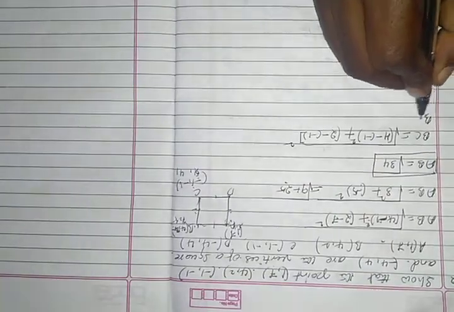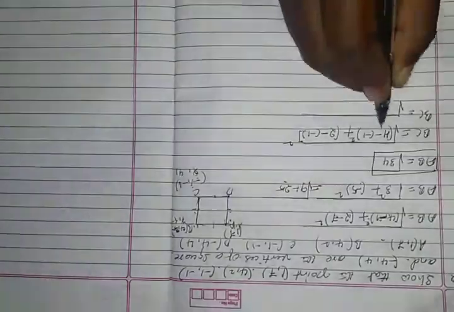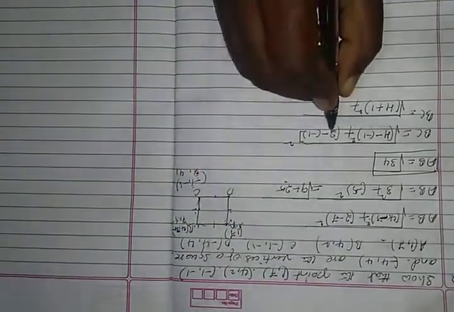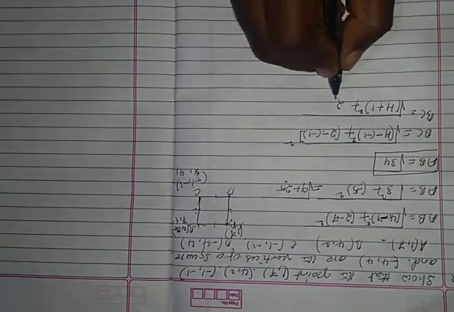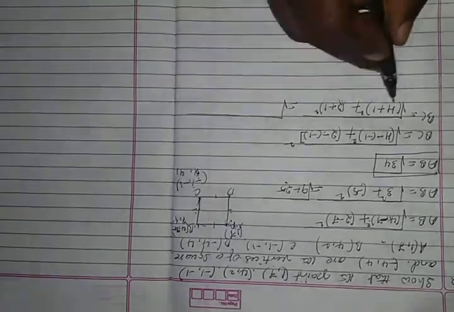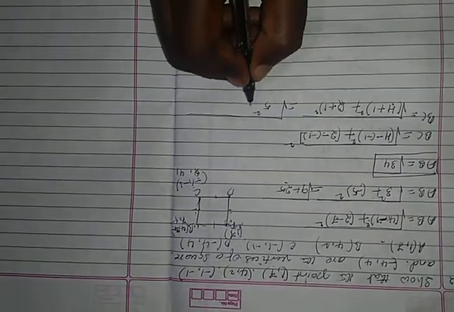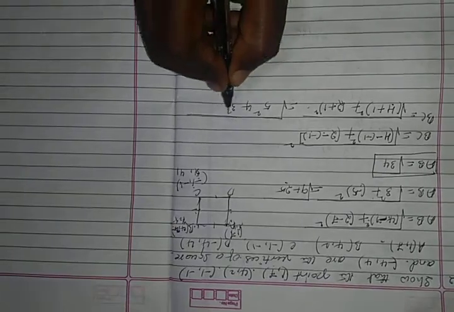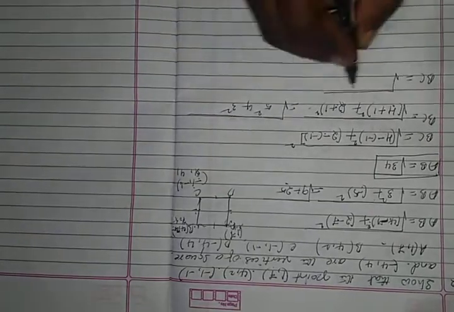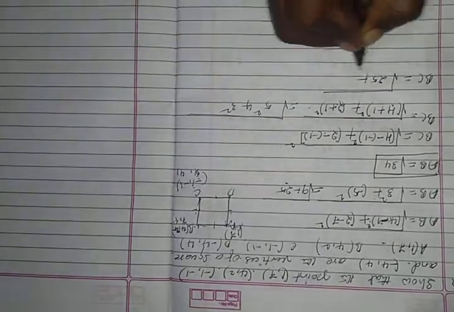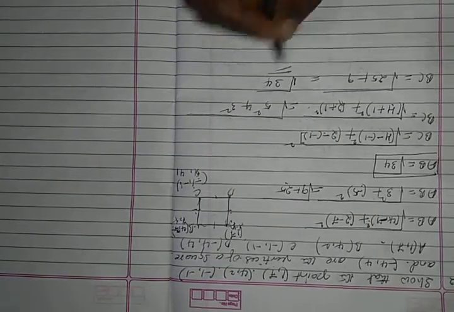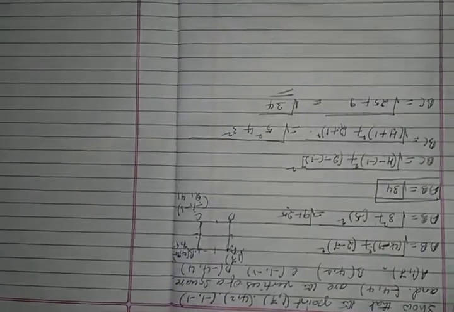Then BC is equal to square root of (4 plus 1) is 5 square plus (2 plus 1) is 3 square. It is equal to square root of 25 plus 9, which is square root of 34. Again BC is also square root 34.